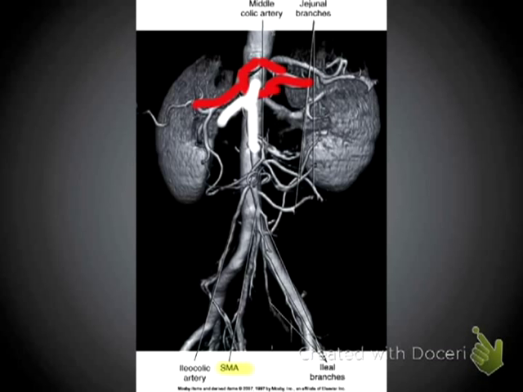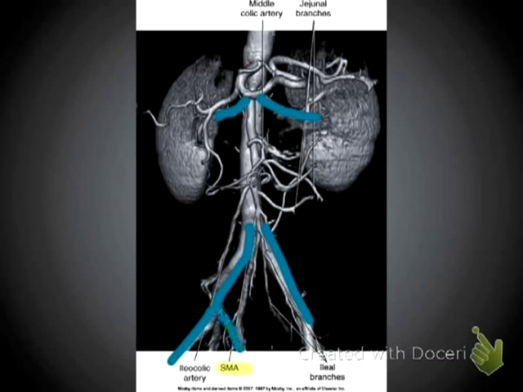And we really don't get a good demonstration of the IMA on this because everything's kind of overshadowing it. But we also do have right and left renal arteries, and we do have right and left iliac arteries, and then internal and external iliac arteries as well.